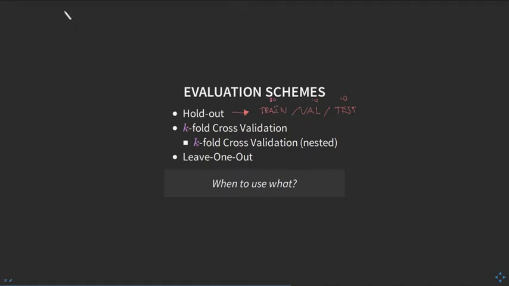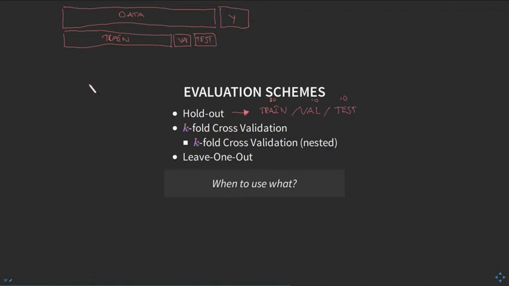Now, in terms of having our entire set of data, and then our target right here, the holdout method will chop this up into the percentages that I showed. So it will look something like this. So this will be train, this will be val, and this will be test.